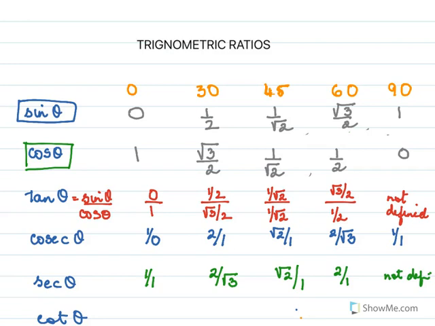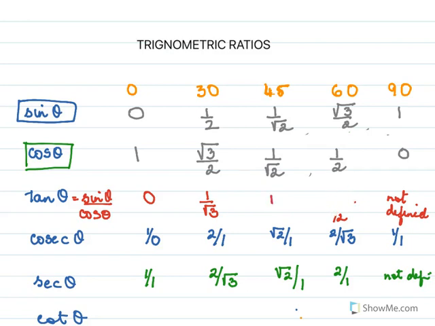Now when we want to find cot, cot is the reciprocal of tan. So we'll just find the tan first. In this case, 0 over 1 will be 0. If you do this division for 30, you'll get 1 by root 3. Next, if you do this division, 1 by root 2 over 1 by root 2 will be 1.